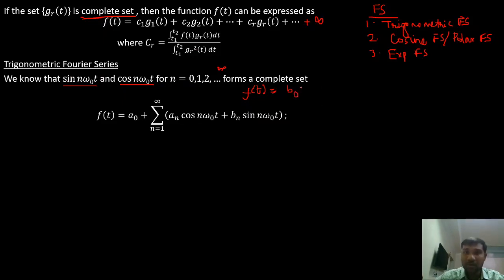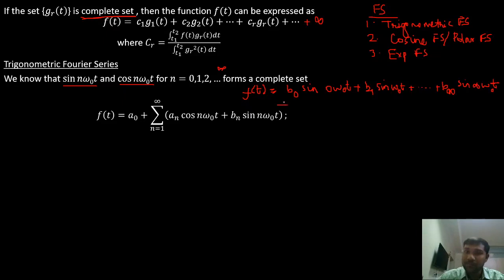So b naught sine 0 omega naught t plus b1 sine omega naught t plus, and so on, I'll go up to infinity, b infinity sine infinity omega naught t.